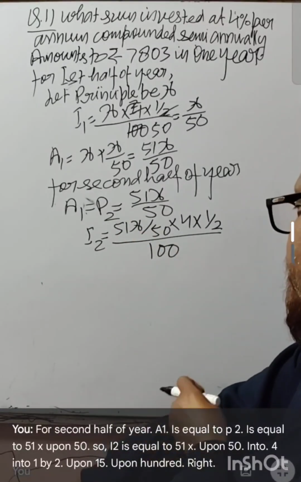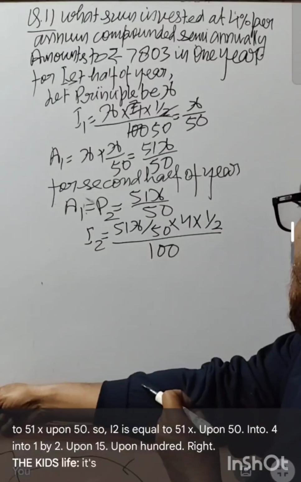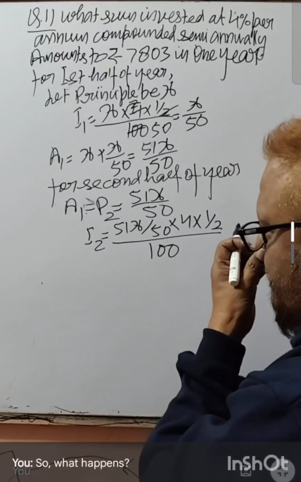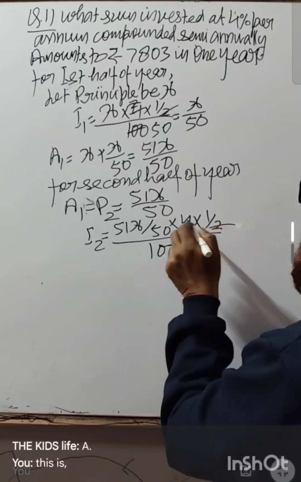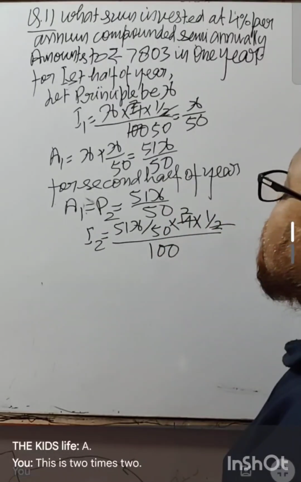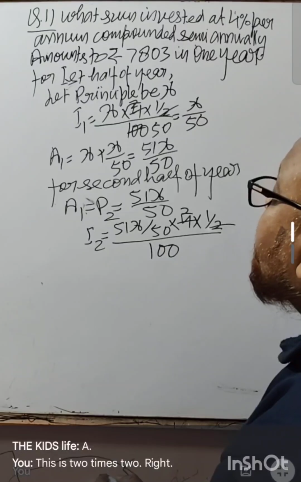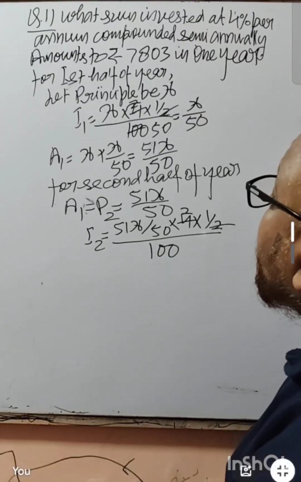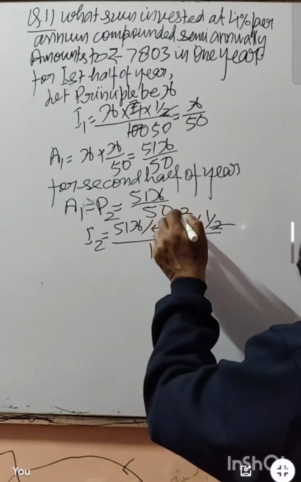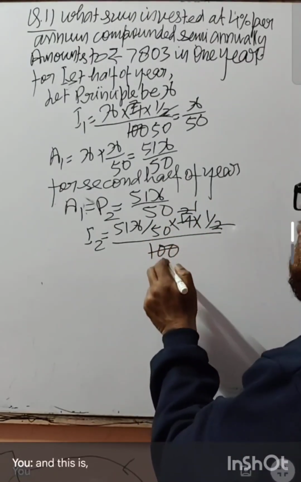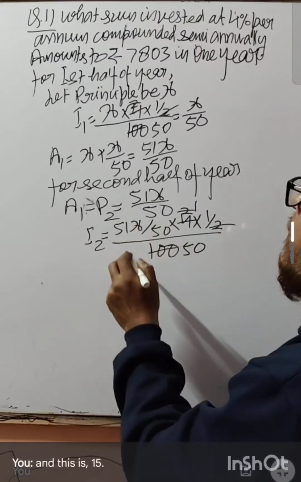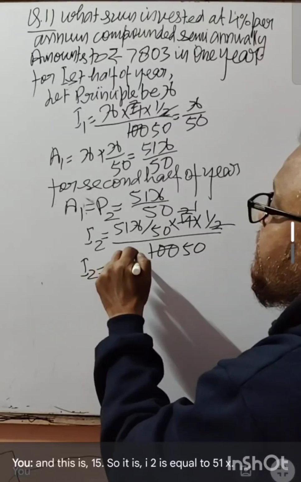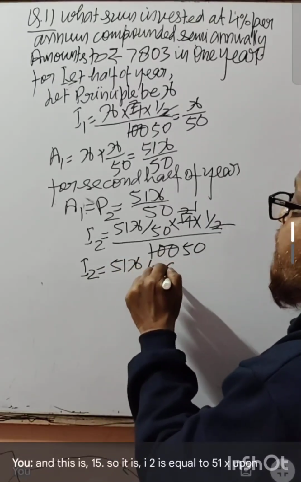Right? So what happens? This is 2 times 2, and this is 50, so I2 is equal to 51X upon 2500.